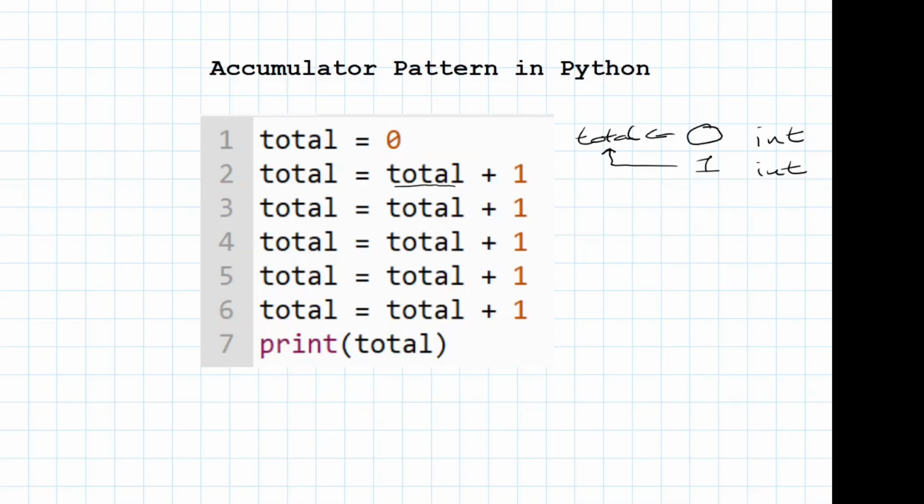Now the first value, 0 int, is got rid of. It no longer exists because we have updated the reference to the total variable with our new value in memory. So we move on to line 3. It's the same idea. The computer checks total in memory, it's now 1, and it wants to add 1 to it, so you get 2 in memory, and the data type is int.